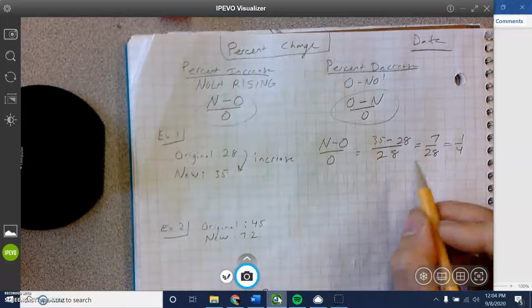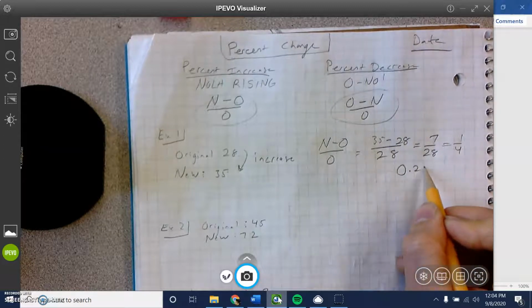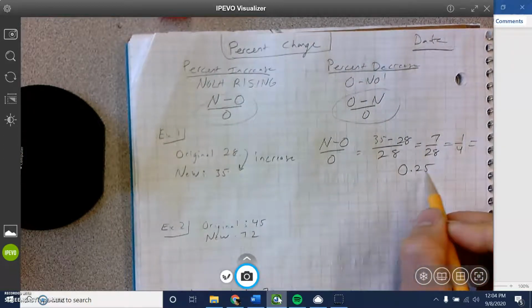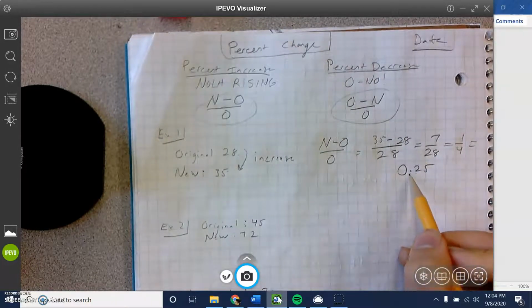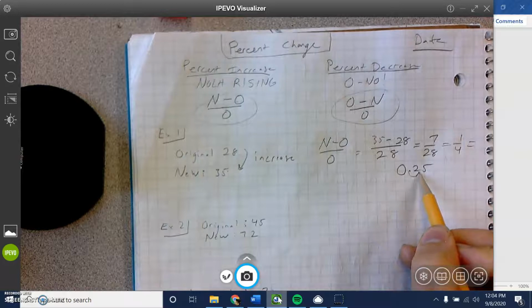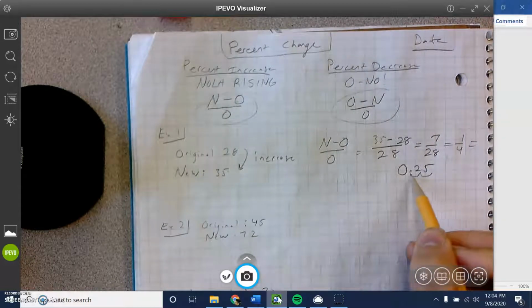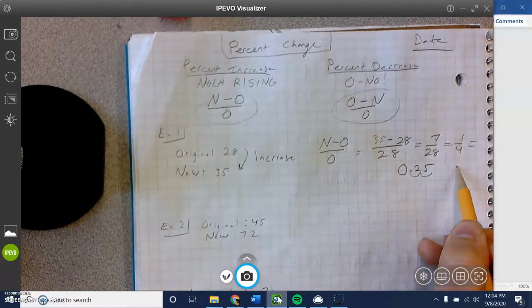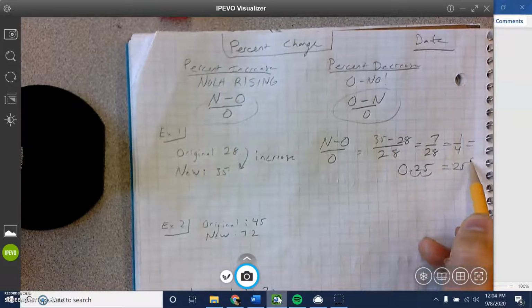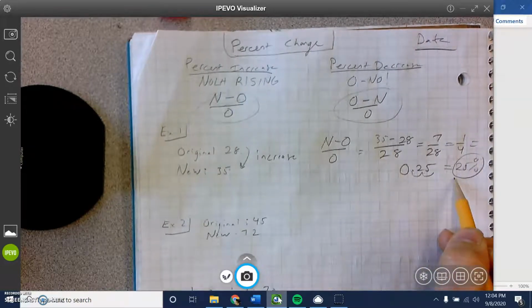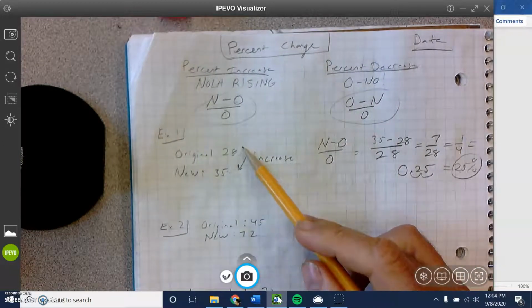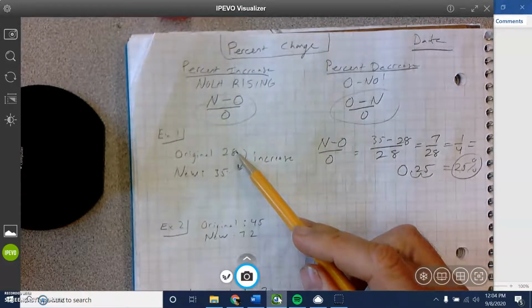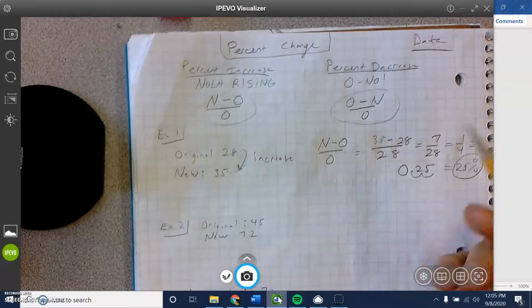So 1/4 as a decimal is 0.25. Now I got to treat that as a percent because this one's percent change. How do I go from a decimal to percent? I move the decimal to the right. So 25 hundredths is the same as 25%. There we go. So this increased 25%. So it increased a quarter. A quarter of 28 is 7, and it went up by 7.